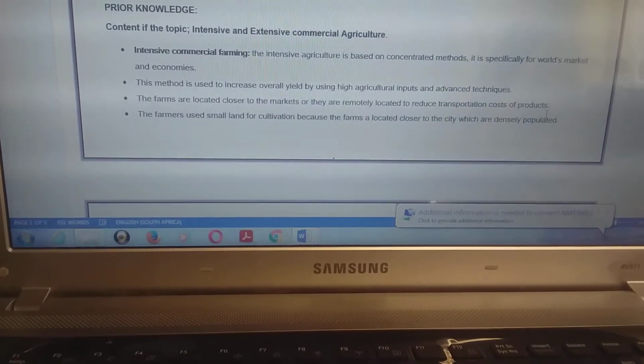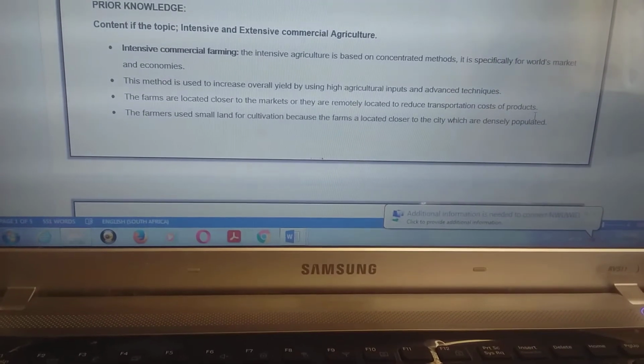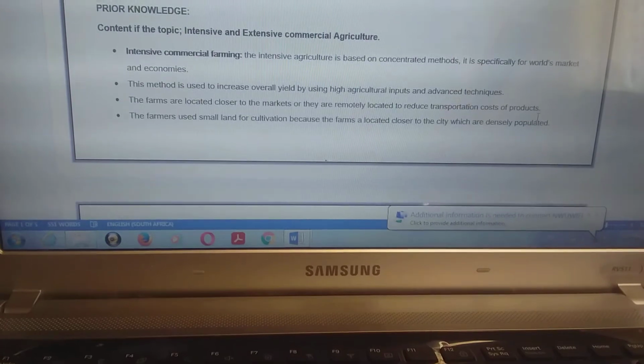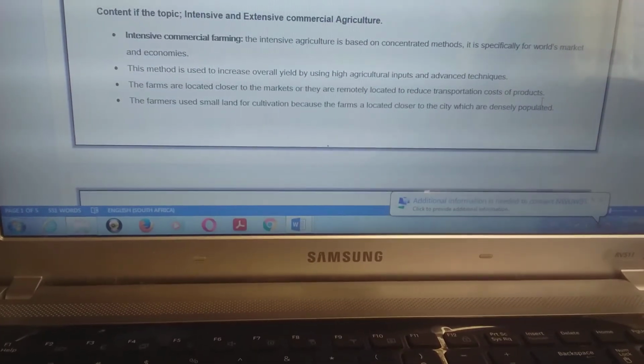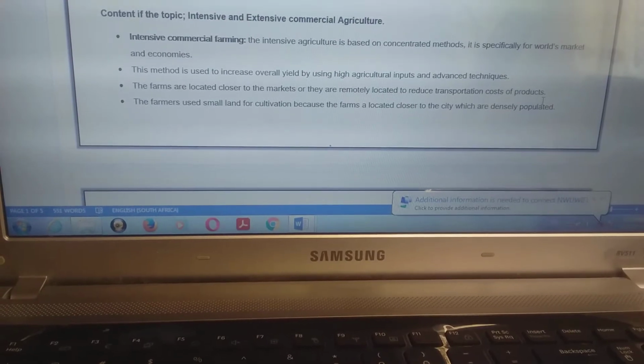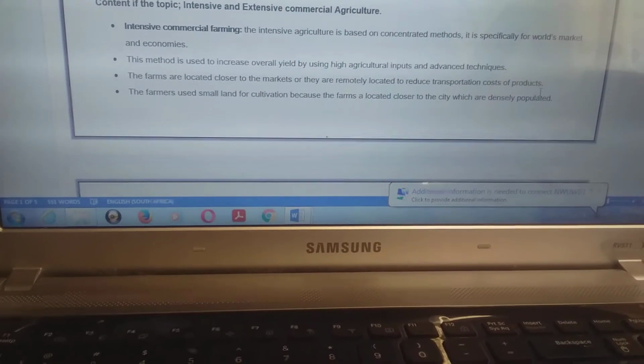The farmers are located closer to the market, or they are remotely located, to reduce the transportation cost of products. The farmers use small land for cultivation because the farms are located closer to the city, which is densely populated.